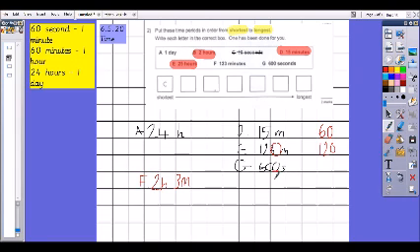We can tell that because there has been a 0 added. It's got 10 times larger. So if I know that 600 is 10 times larger than 60, I know that 600 seconds must be 10 times larger than 1 minute. So we're going to do 1 minute times 10, which is going to give us 10 minutes. So 600 seconds is the same as 10 minutes.